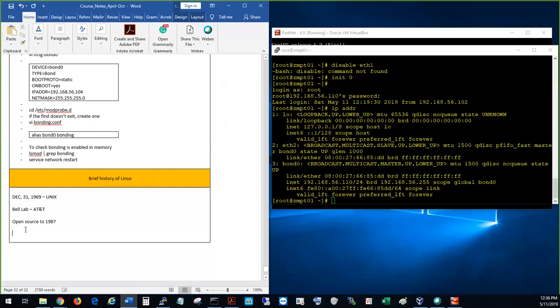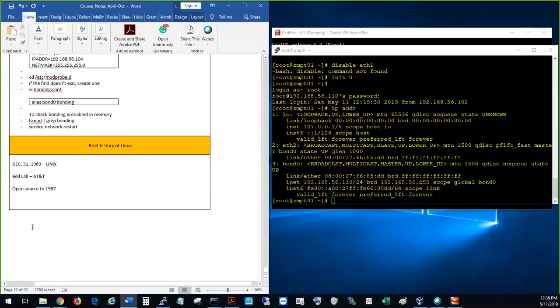Okay, and after it went open source, companies like IBM, HP, and Sun Micro took the code and started developing their own Unix-based OS.